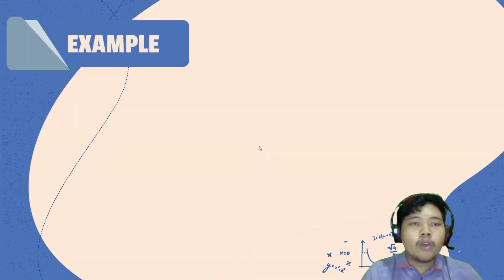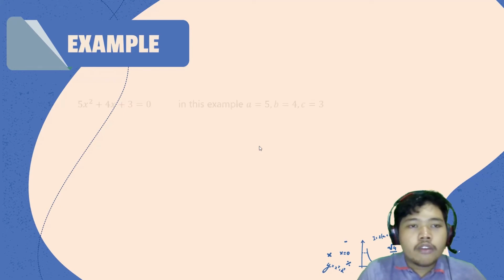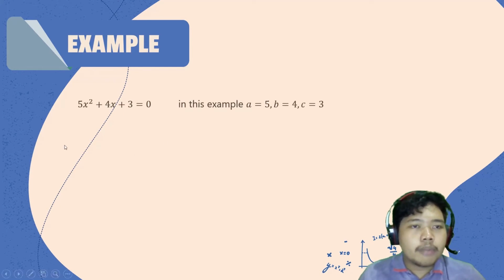Then we will talk about examples of quadratic equation. First, in this example, 5x squared plus 4x plus 3 is equal to 0. It is a quadratic equation because a is not 0, and there is x squared.